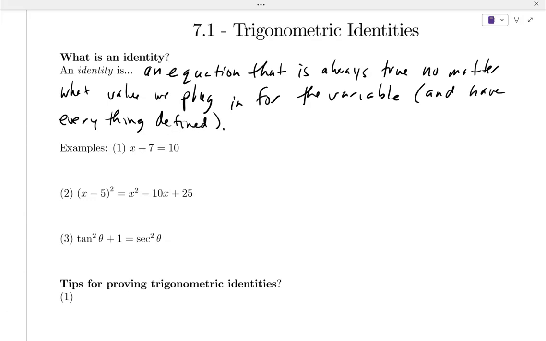So we don't worry about things where you would have undefined. For example, remember for tangent, we can't plug in pi over 2. We wouldn't worry about that at all. Okay? That's what I'm saying by and have everything be defined. We're only worried about values that we can plug in for the variable and everything be defined.